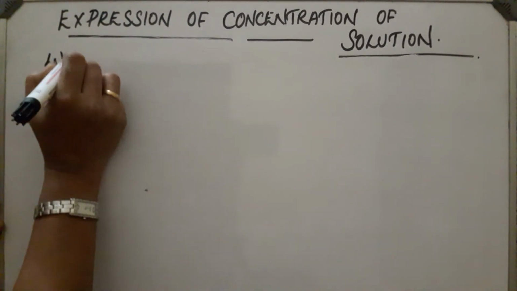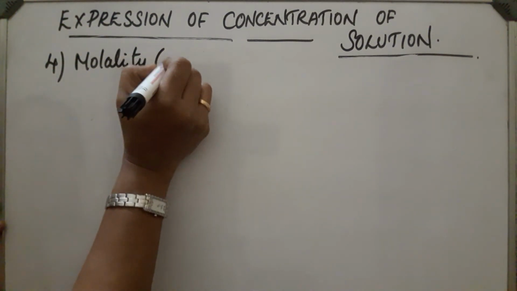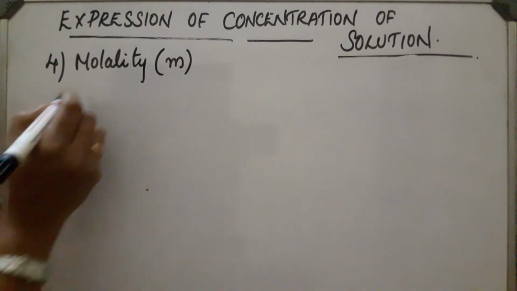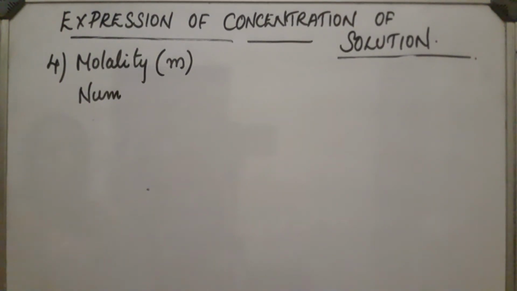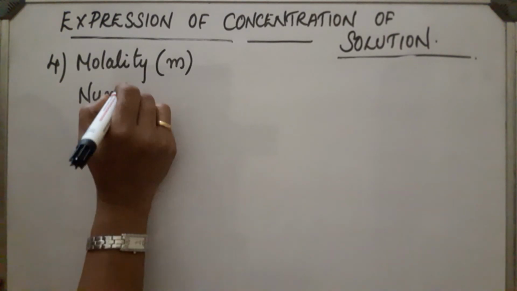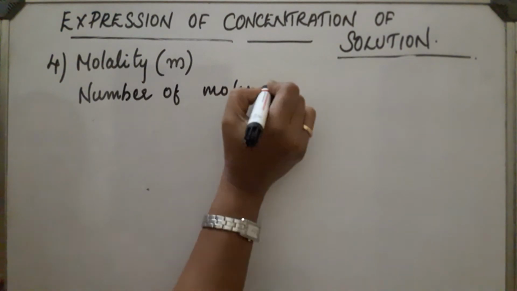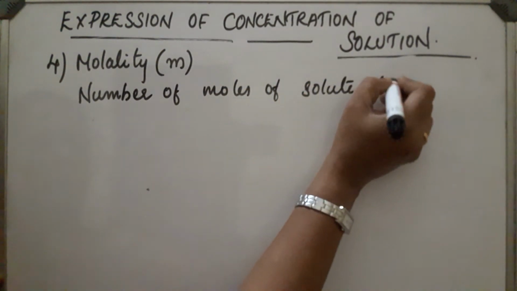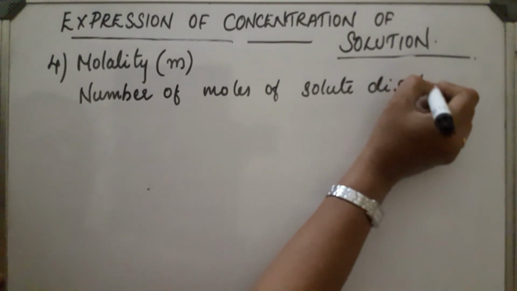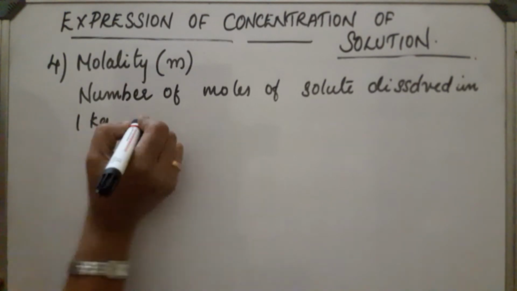Fourth one, molality, expressed as small m. Molality means the number of moles of the solute dissolved in 1 kilogram of the solvent.